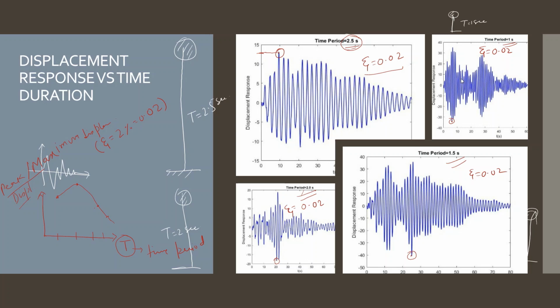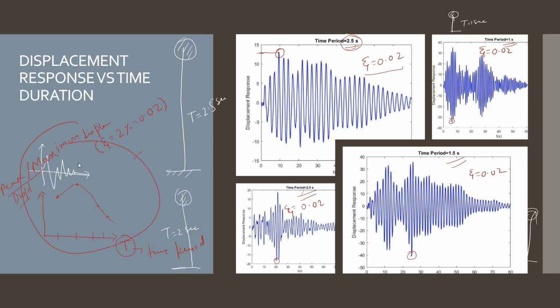We have taken the time period on this axis, and on the y-axis we have considered the maximum response that we have recorded. So what we have observed here is the response spectra. It is called the response spectra.